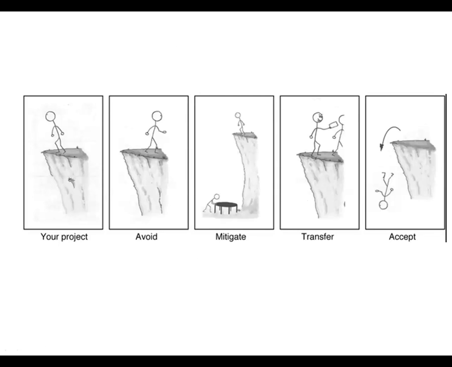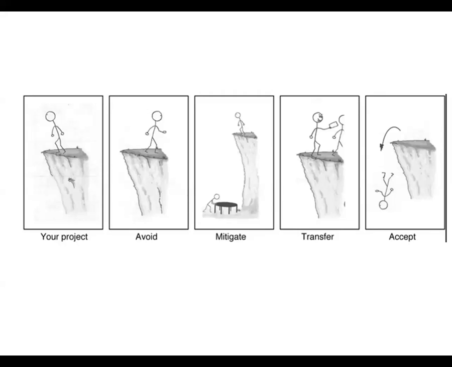When you have to make a decision, these are the four things you can do: you can avoid, you can mitigate, you can transfer, or you can accept. In avoiding, you go there and turn back. You're not going to go through it. That is avoidance.